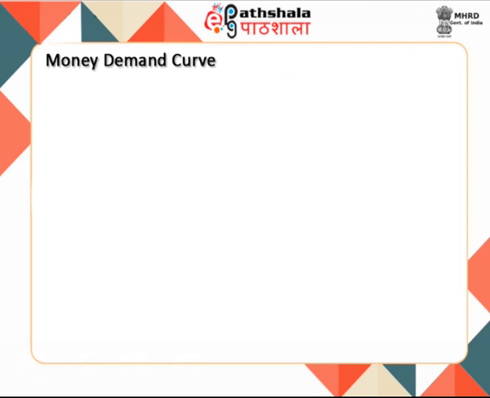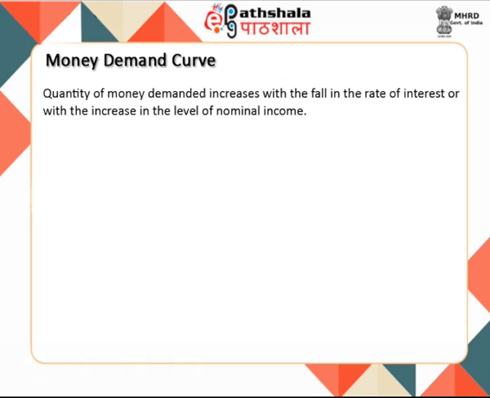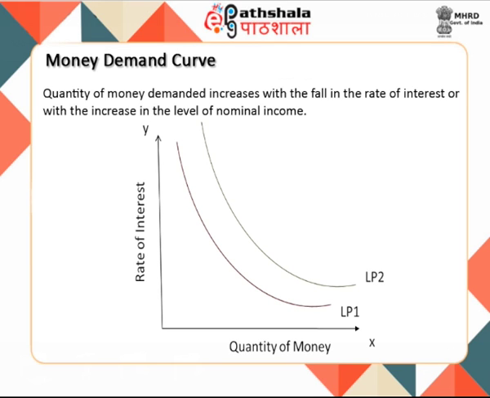Let us discuss the money demand curve. Quantity of money demanded increases with the fall in the rate of interest or with the increase in the level of nominal income. At a given level of nominal income, we can draw a money demand curve showing the quantity of money demanded at various rates of interest.